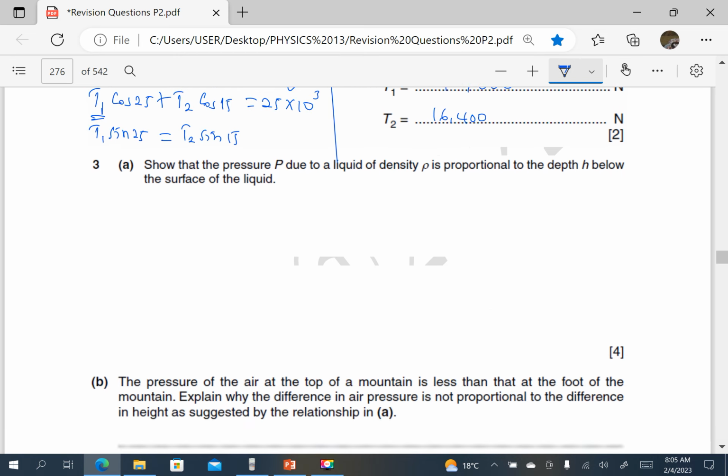Okay, next, show that the pressure P due to a liquid of density rho is proportional to depth h below the surface of the liquid.